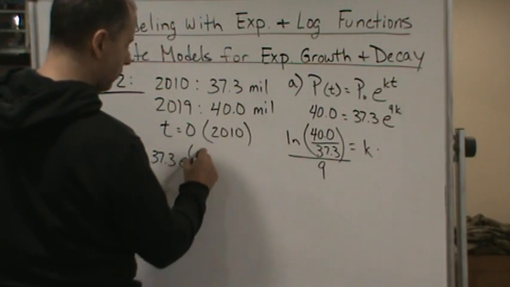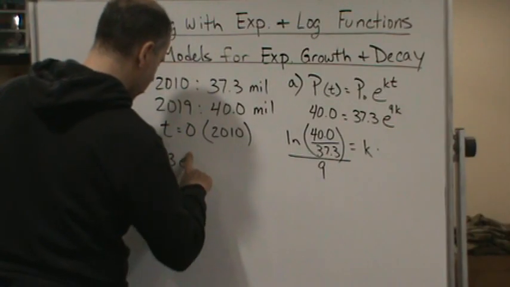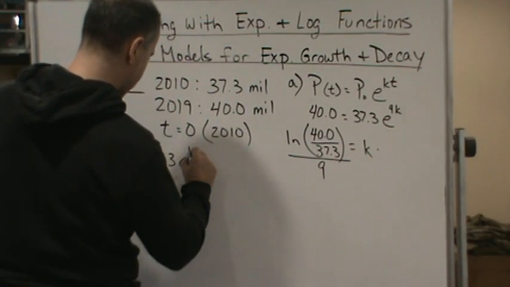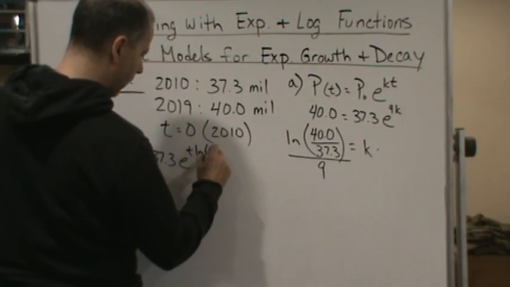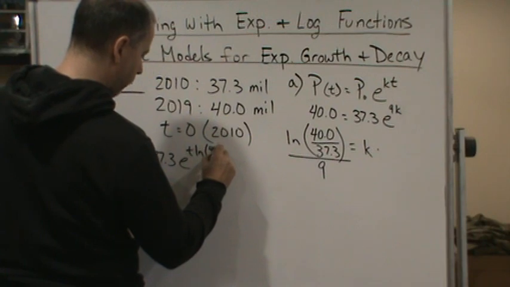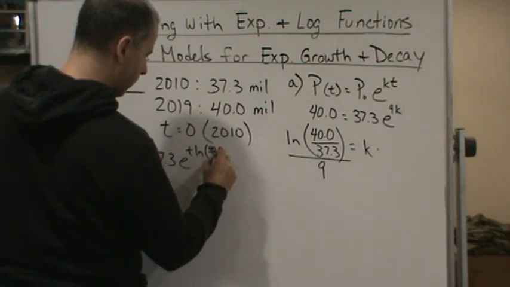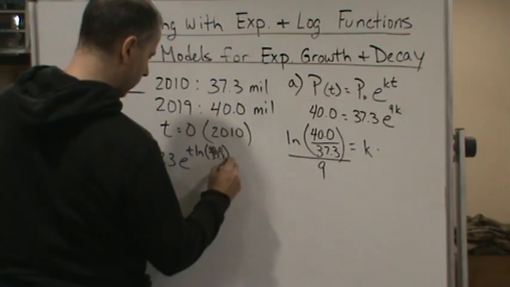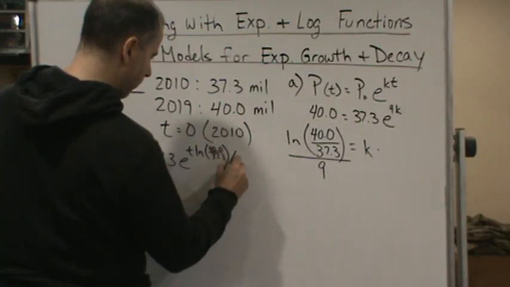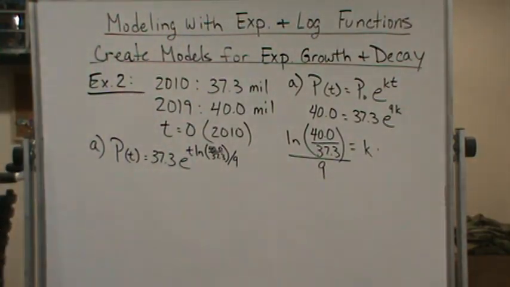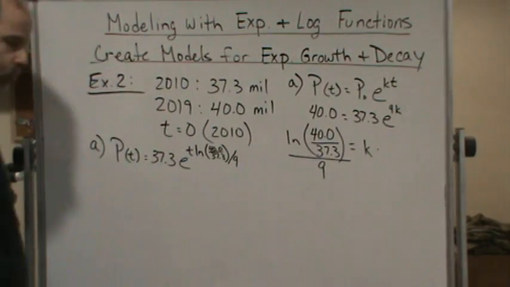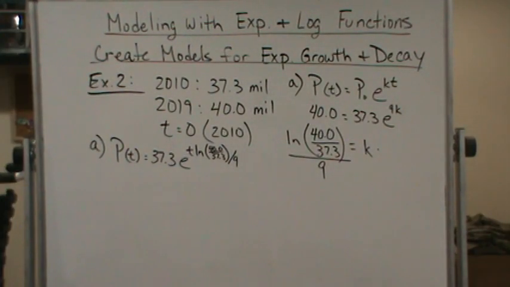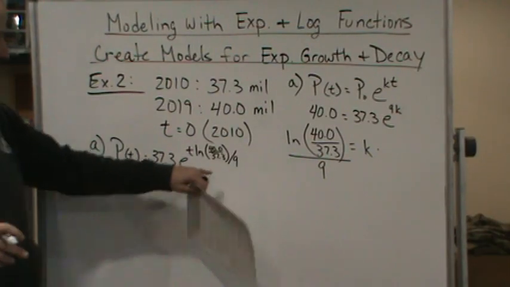Our k value is going to be, so let's put our variable t, times the natural log of 40.0 divided by 37.3, divided by 9. Now, if we wanted to approximate the k value out to 4 decimal places or whatever, that's fine. But you could also leave it like this.